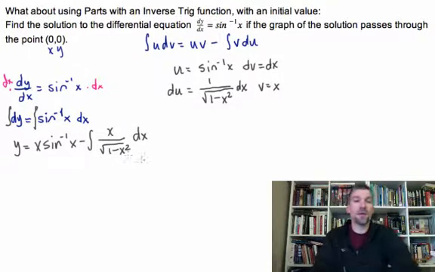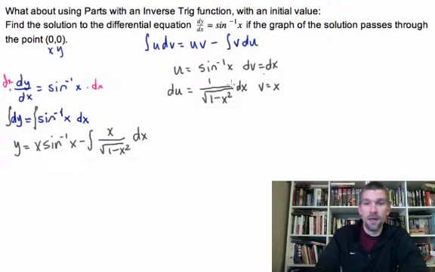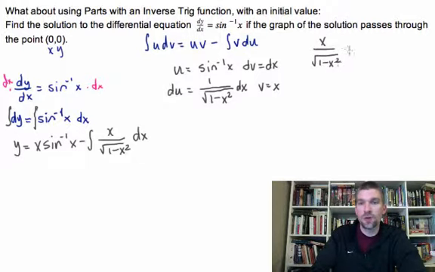Now all I have to do is make a u substitution here, and just to help you out a little bit, if I have x over the square root of 1 minus x squared, this is the same thing as saying x times 1 minus x squared to the negative 1/2.